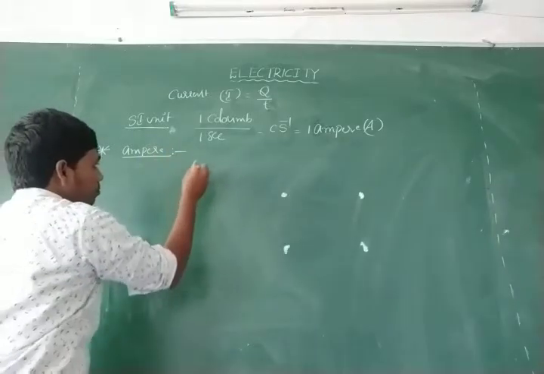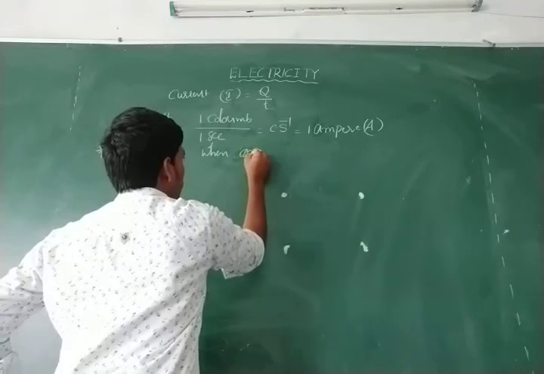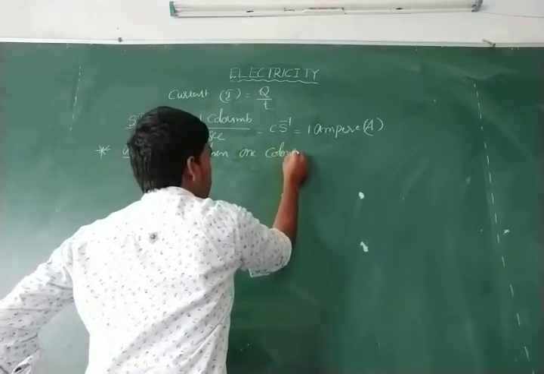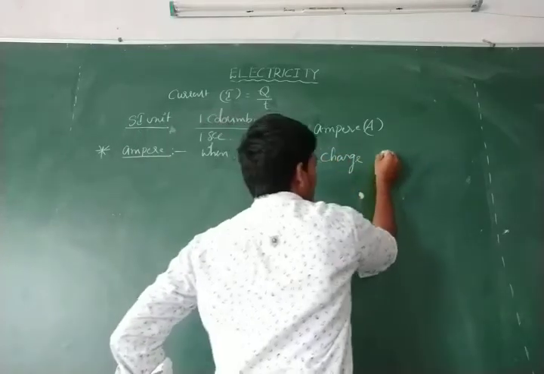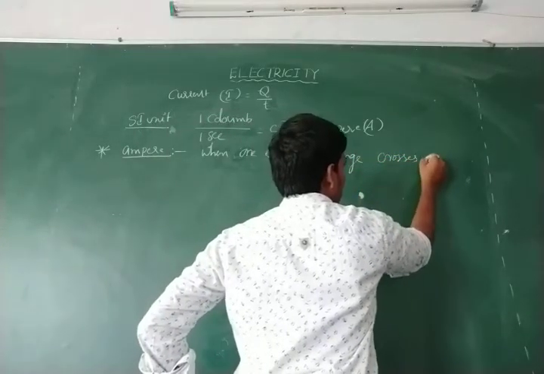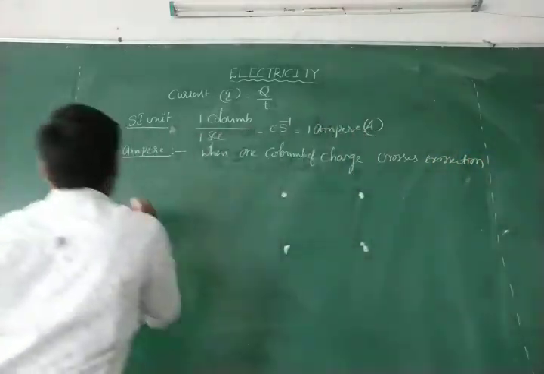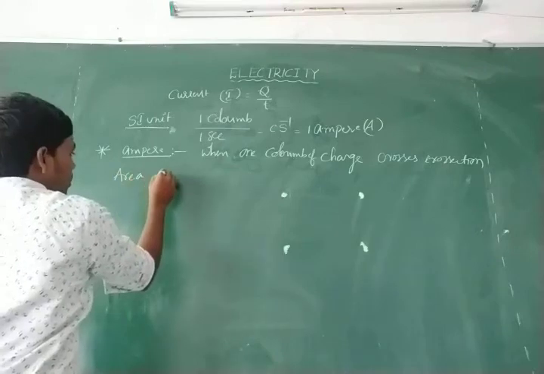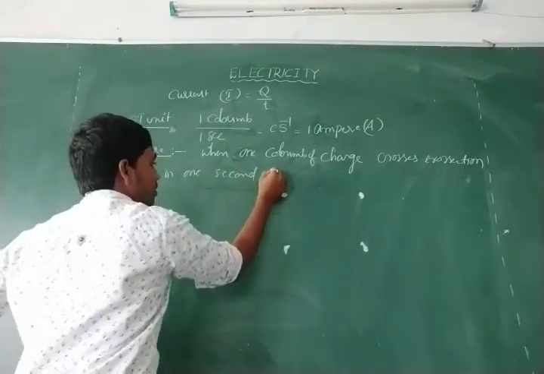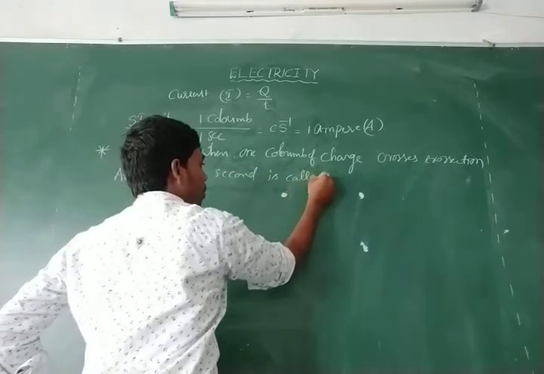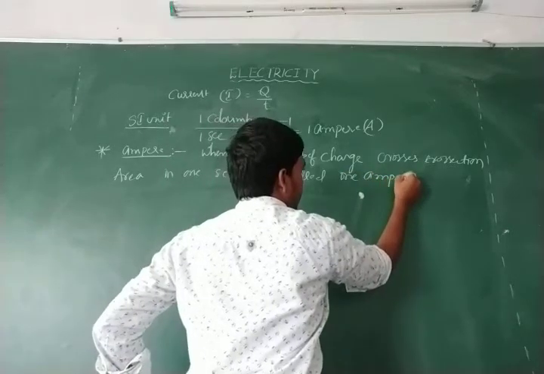So the definition is: when 1 coulomb of charge crosses a cross section area in 1 second, it is called 1 ampere, or simply ampere.